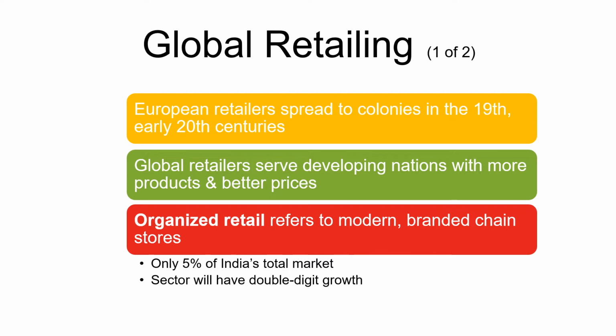Organized retail refers to modern, branded chain stores, and these currently comprise less than 5% of India's market. The sector is expected to exhibit double-digit growth. In fact, that has attracted the giants of global retailing.